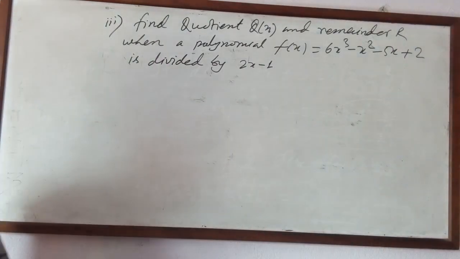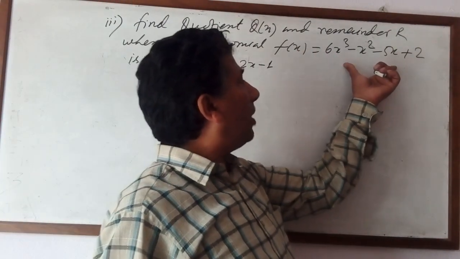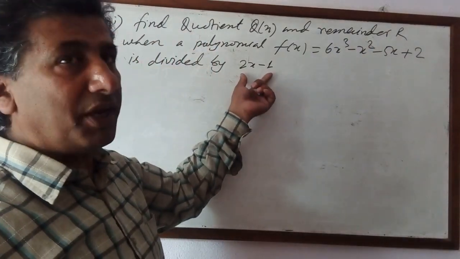Okay, now I have written a question here. This is our polynomial. We have to divide this polynomial by this 2x minus 1.